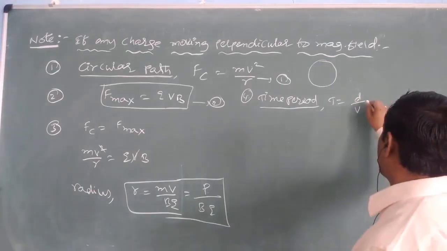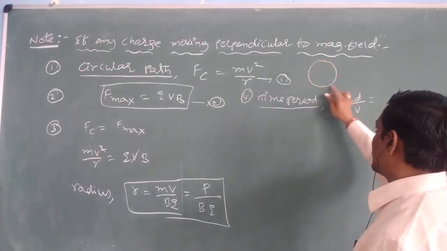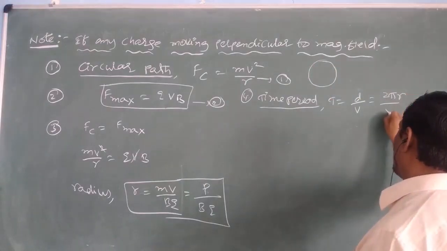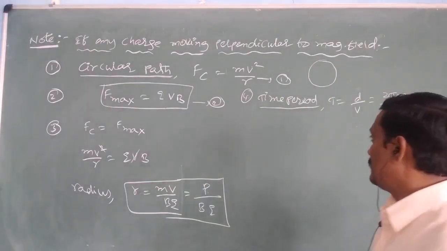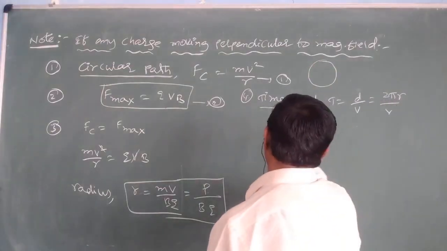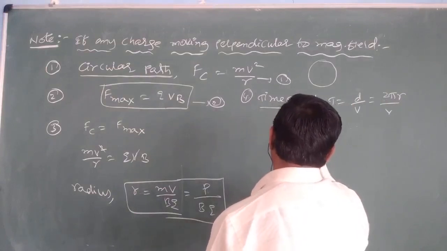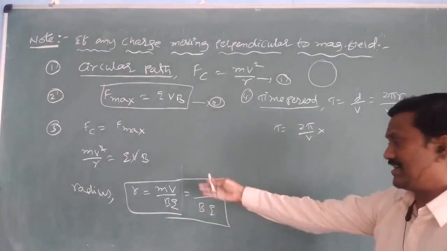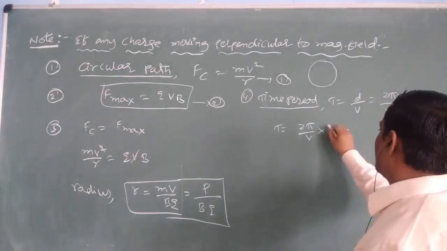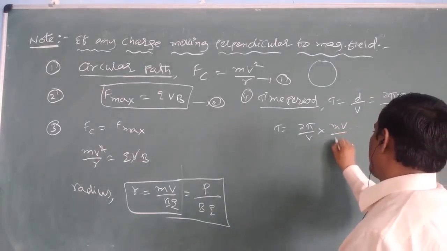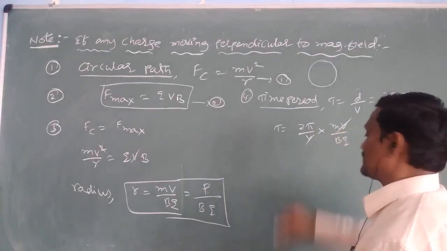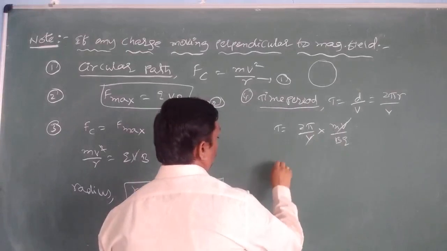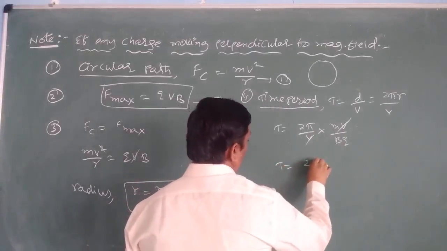In one complete rotation, the distance traveled by the charged particle is the circumference, 2 pi r by v. So time period T is equal to 2 pi by v into r, where r is mv by Bq. The v cancels. So the expression for the time period of the particle is T is equal to 2 pi m by Bq.